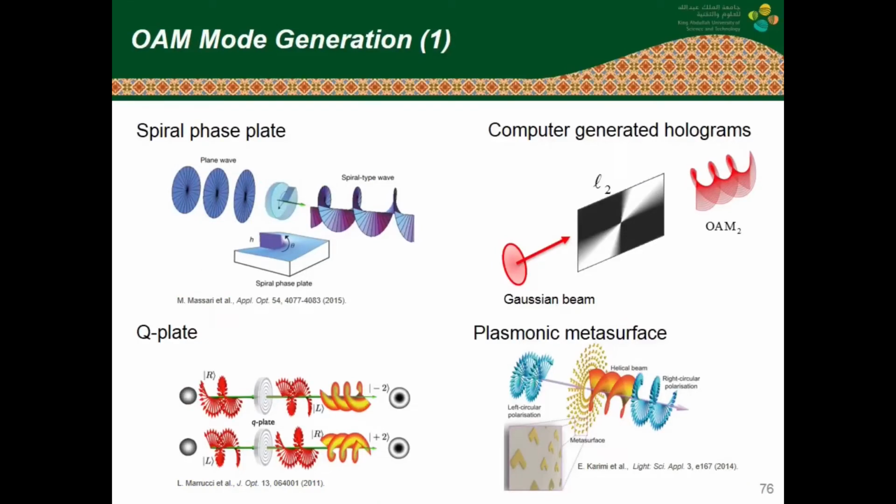OAM can be generated using different techniques, including spiral faceplates, computer-generated holograms programmed on spatial light modulators, Q plates, and also metasurfaces.